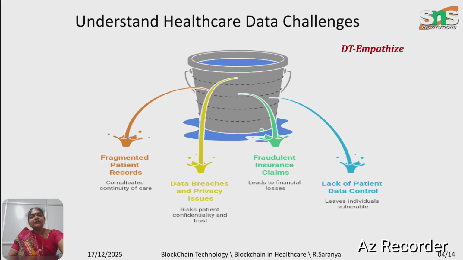Since anyone can change the data or the nature of the disease on paperwork, it leads to fraudulent insurance claims. Then there is the lack of patient data control. Patients have limited access to their own data, which leaves the individual vulnerable. These are the main drawbacks of traditional healthcare.